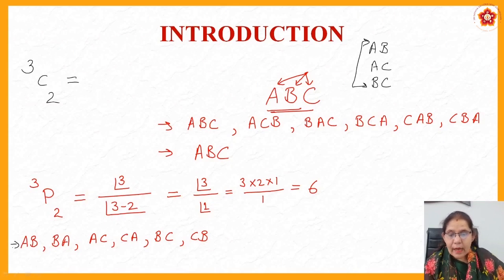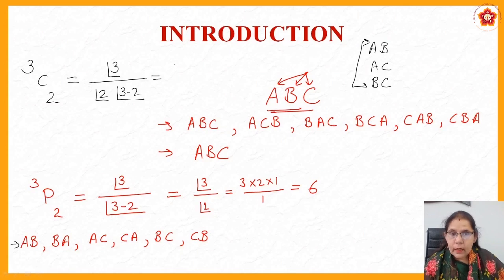So out of 3 objects, we are choosing 2 at a time, and there are 3 ways in which we can do it. As far as the arrangement was there, there were 6 ways of arranging 2 objects chosen out of 3. So this is represented by 3C2, where we are choosing 2 objects out of 3 objects, and the formula is factorial 3 upon factorial 2 into factorial 3 minus 2.